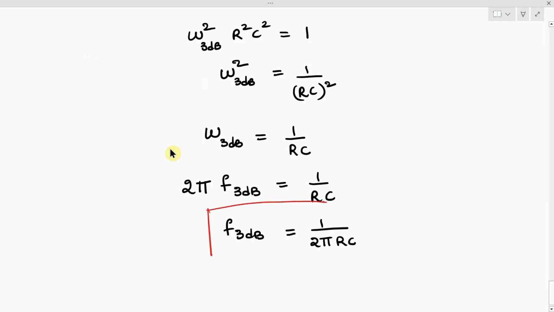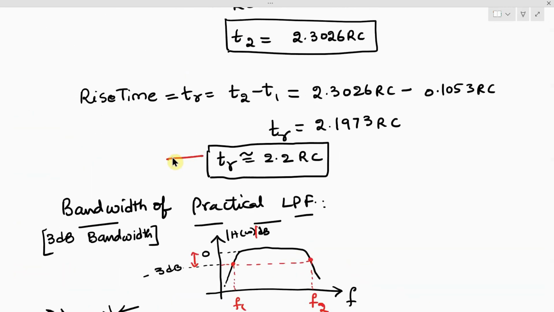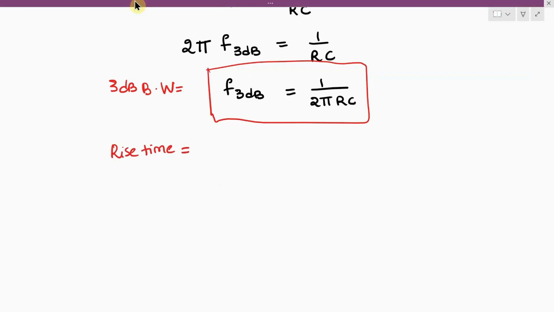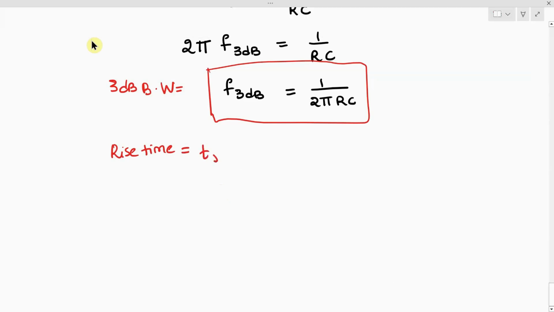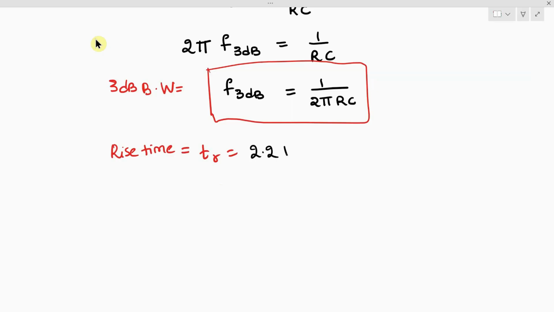Yes, sir. Okay. So now you have a relation for 3 dB bandwidth, and you also have a relation here for rise time. It is approximately 2.2 RC. So I am again recollecting, rise time TR is equal to 2.2 RC. Now from these two, can you please eliminate RC and get the relation?